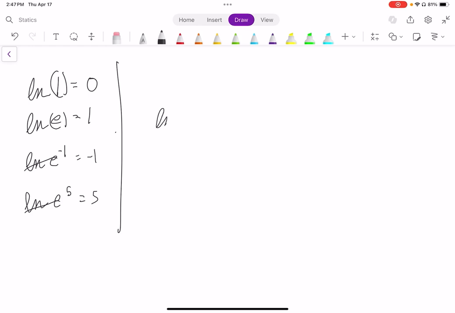Now, consider the expression natural log of x minus y plus the natural log of e squared minus the natural log of z. Using our properties, we can expand, or rather condense, this entire expression into one natural log.